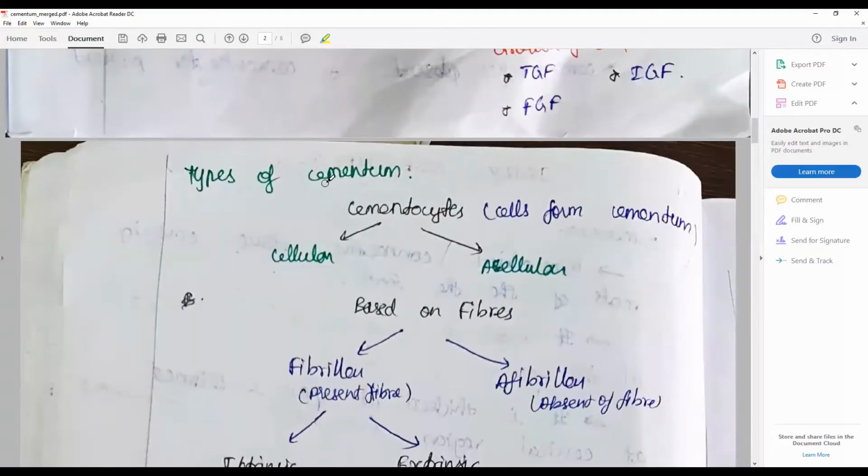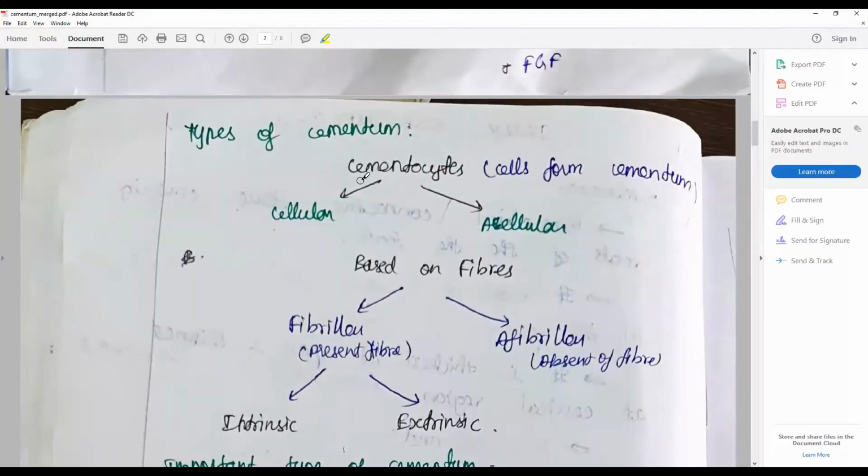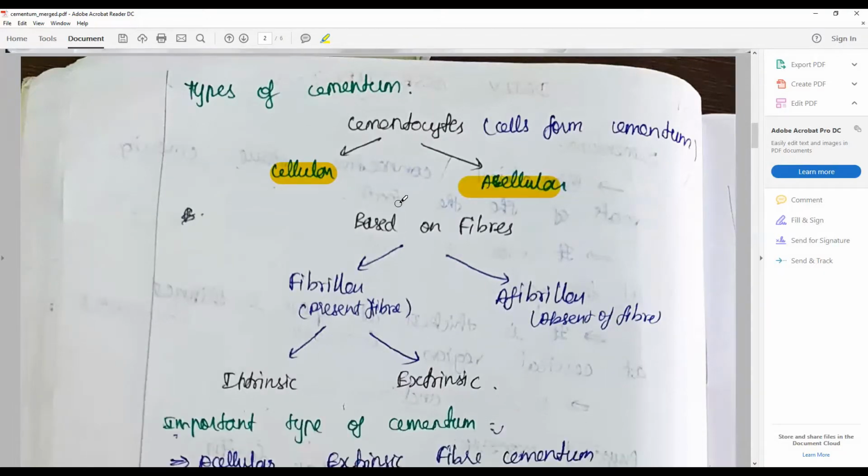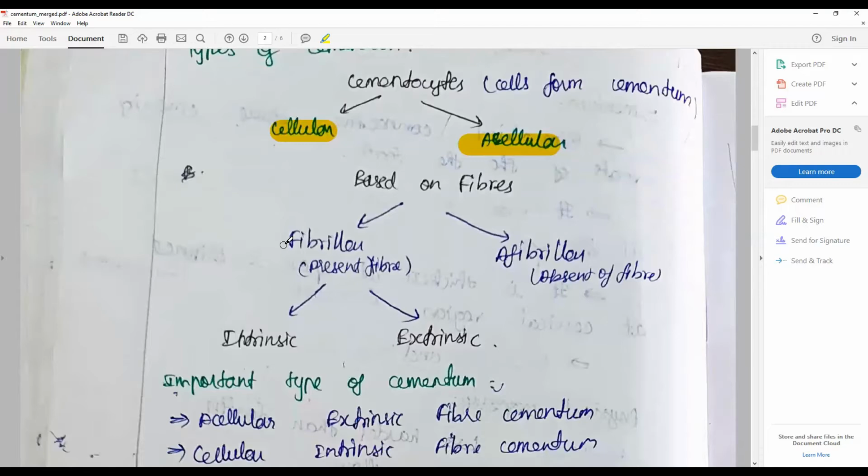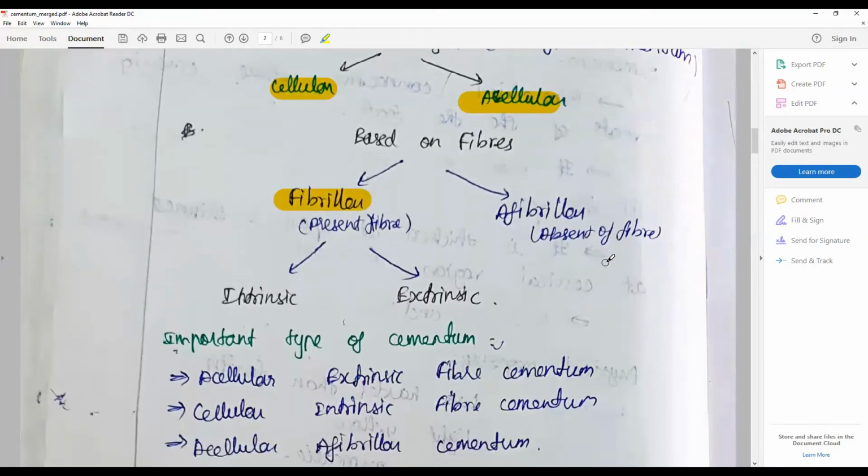The types of cementum are traditionally classified depending upon the cells that form the cementum, the cementoblast or the cementocyte seen. It is said to be cellular if there are cementocytes, acellular if there is an absence of cementocytes. Based on fibers, they are classified as fibrillar when they have fibers, afibrillar when there is absence of fibers.